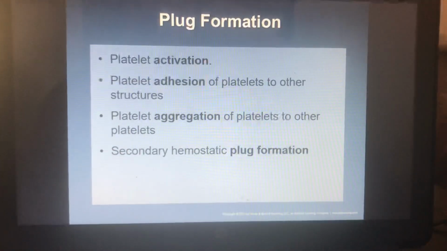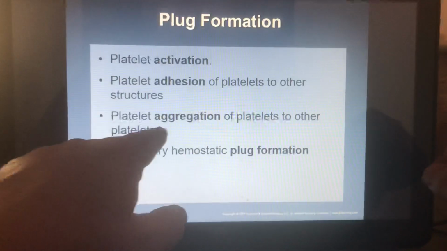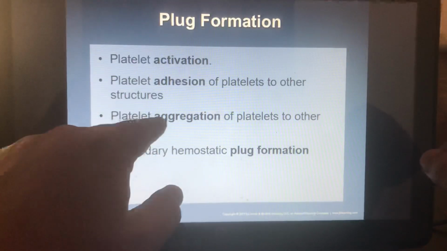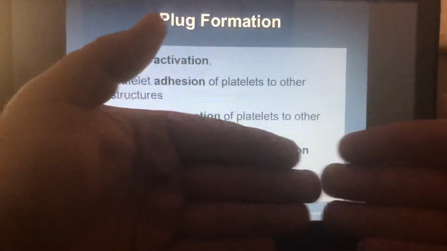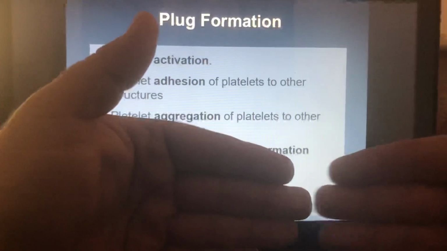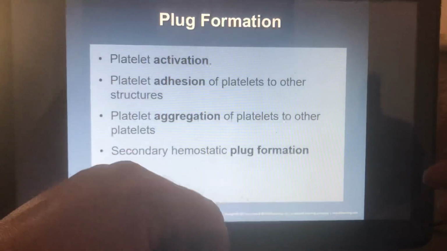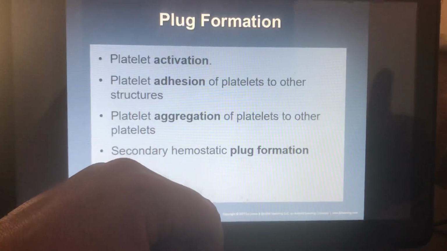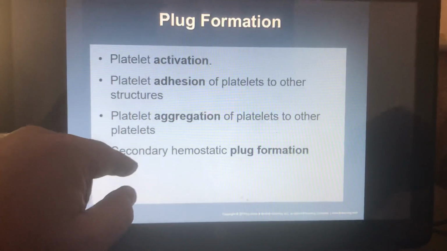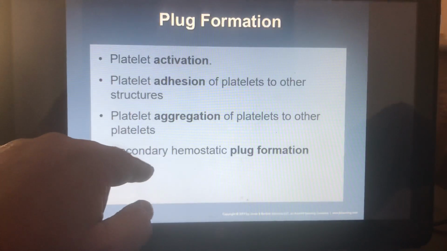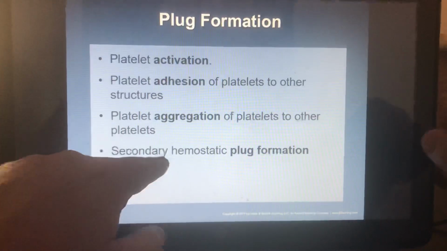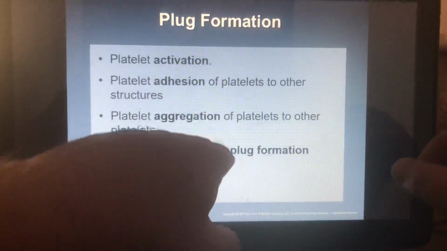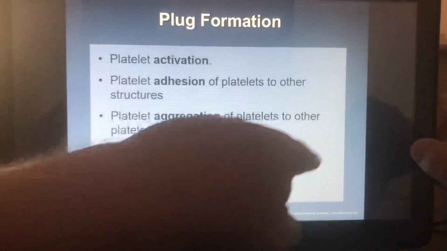Now, when we talk about aspirin, it's an anti-aggregate. That means that it will not allow the platelets to stick together to help form a clot. That's what's very important in taking the aspirin when you have an acute MI. And then you get the fibrinogen to form the fibrin when it gets activated, and it helps do the plug formation.